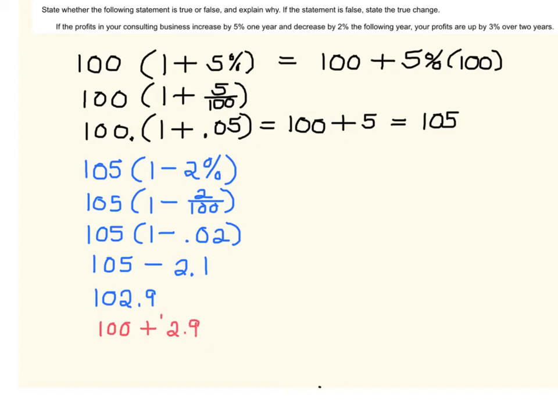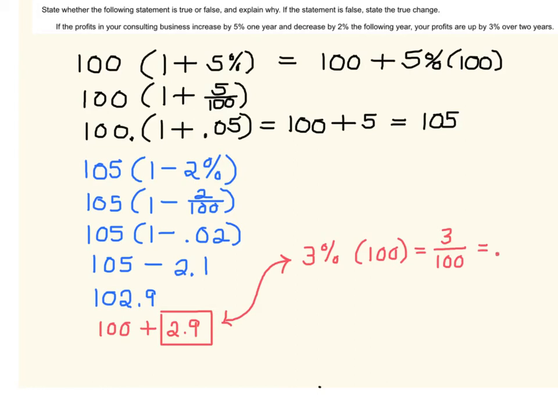This means that the 2.9 is the increase over 2 years, and 2.9 is not equal to 3% of 100. 3% of 100 is 3 over 100. Percent means per 100, which if we move that decimal place over twice, we get 0.03.